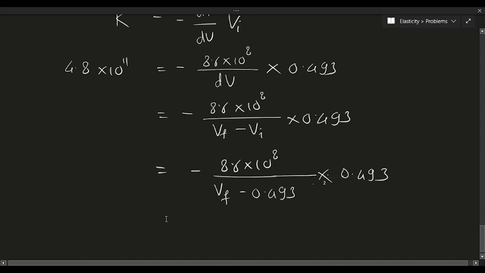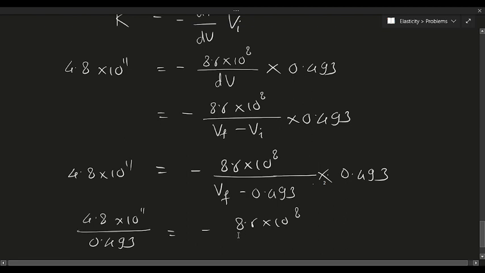On the left hand side we have 4.8 into 10 raised to 11. We take 0.493 on the left hand side, and here 8.6 into 10 raised to 8 divided by Vf minus 0.493.